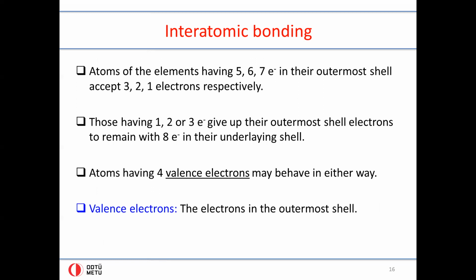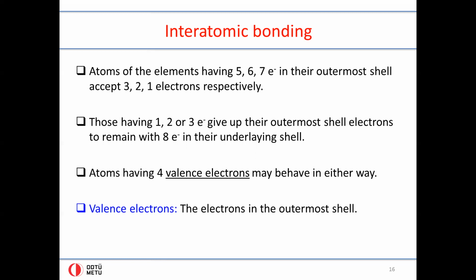So if you have 5, 6, or 7 valence electrons, then you can accept 3, 2, or 1 electrons to become 8 total. And if you have 1, 2, or 3 too many, if you're on the left-hand side of the periodic table, then you can get rid of these, and become stable in the underlying shell, the shell below that particular shell.